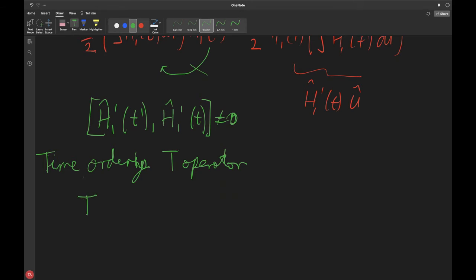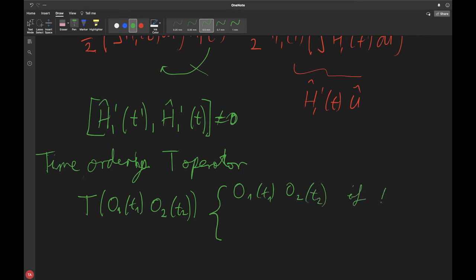If I apply this T on the operators, let's call them O1, which is at time t1, and O2, which is at time t2, then the result is going to be O1(t1) O2(t2) if t1 is later than t2, and it is the other way around, O2(t2) O1(t1), if t1 is before t2.